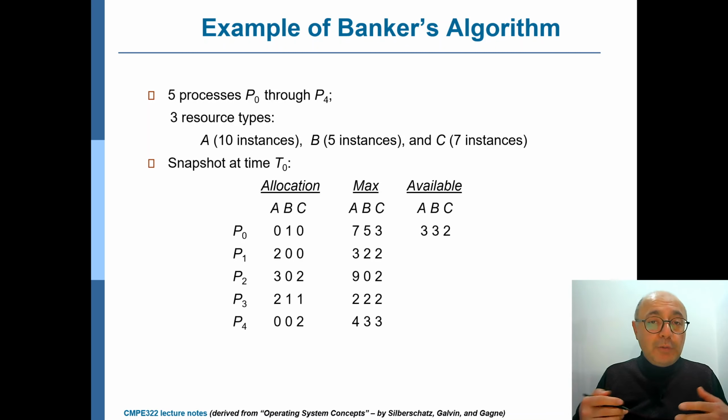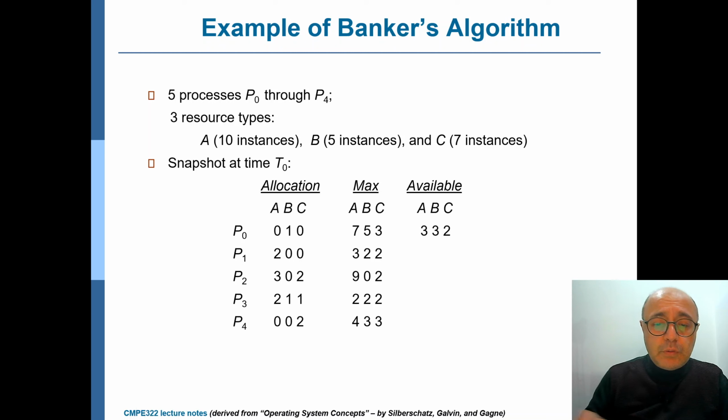Therefore, the compiler typically looks at the worst case scenario. So it will always put the maximum of each resource type in the maximum array. Okay, so this is a very, very pessimistic design. But still we have to act with that to avoid deadlocks.